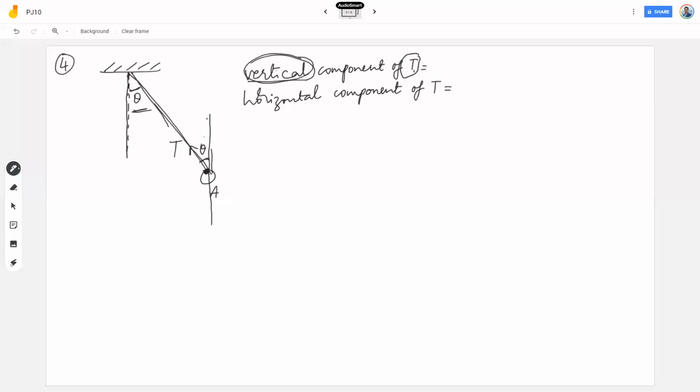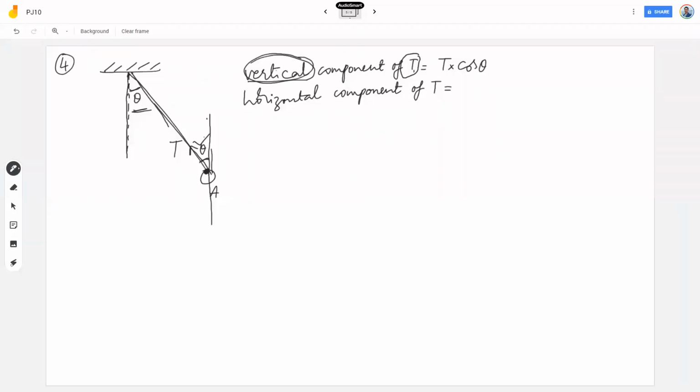Understood? So to find the vertical component of T, we need to know the angle made by T with the vertical. If T makes an angle theta with the vertical, then the vertical component is T cos theta. That's all. As simple as that.